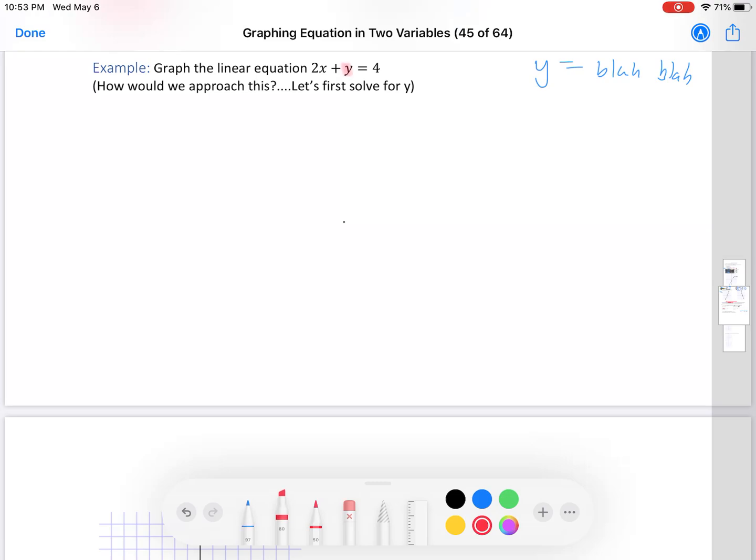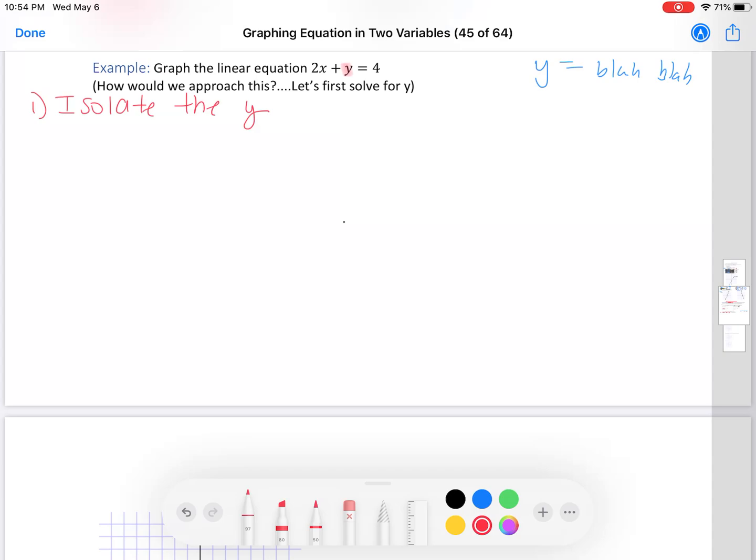So that's why we had some problems in the past where we're being asked to isolate. This is one of the reasons why we do this. Sometimes in some equations, we have to rework them to get what we want. So first, you want to isolate the y. That's if we want to do it by our process of point plotting.